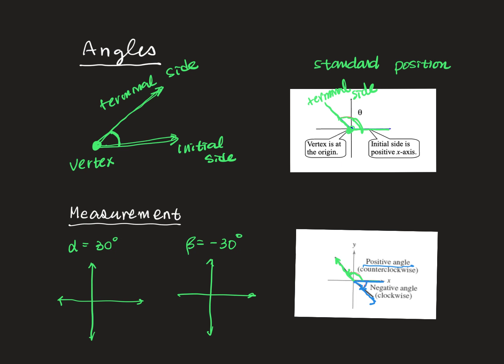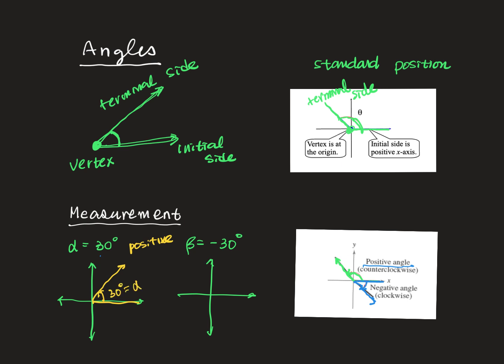Let's have an example. Alpha is 30 degrees, so this is what we call a positive angle. Here is the initial side, the terminal side here. This one is 30 degrees.